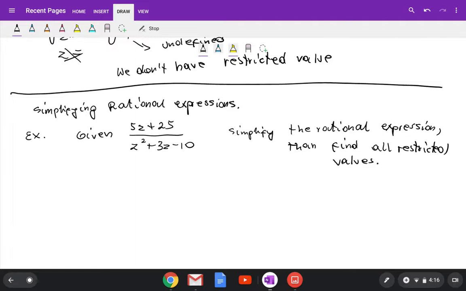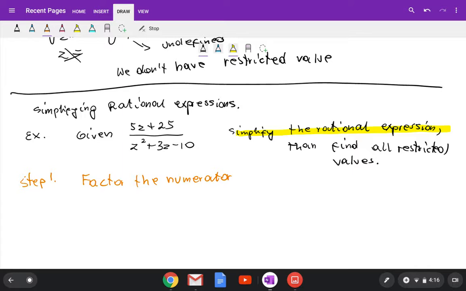So first we're going to focus on simplifying the rational expression, and I'm going to write down the steps for you. So to simplify a rational expression, what you need to do first, step 1, you need to factor the numerator.